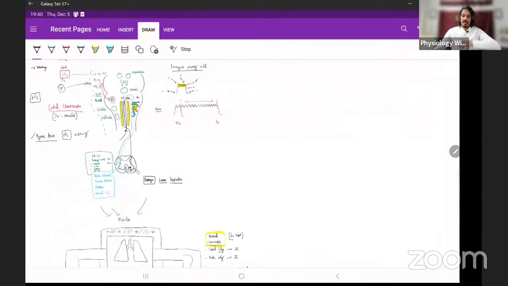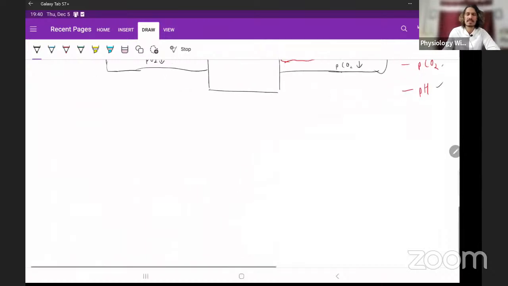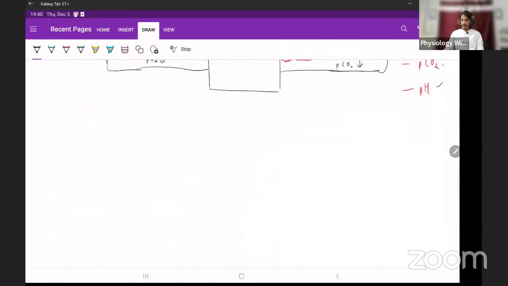Next, we have to talk about certain reflexes that can happen. One is what is called the Hering-Breuer reflex. Before that, we have the involvement of your vagal system.